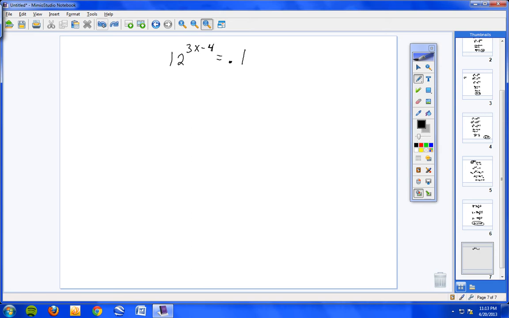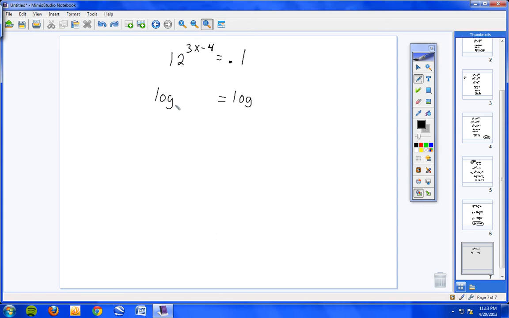All right, so step 2 says take the logarithm of both sides. So I'm going to write the word log, then leave a little space, put an equal sign, then write the word log. Now remember, what base do I know to use? Well, look up here. What is this number right here, the base of your exponent? In the last problem, it was a 10. In this problem, it's a 12.